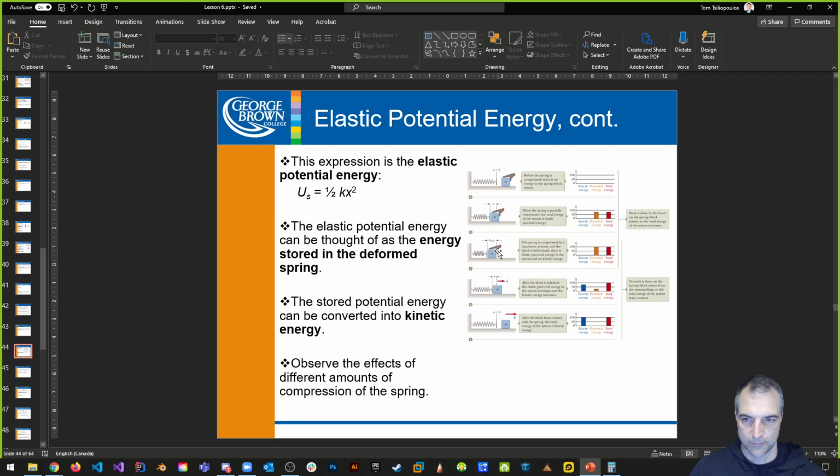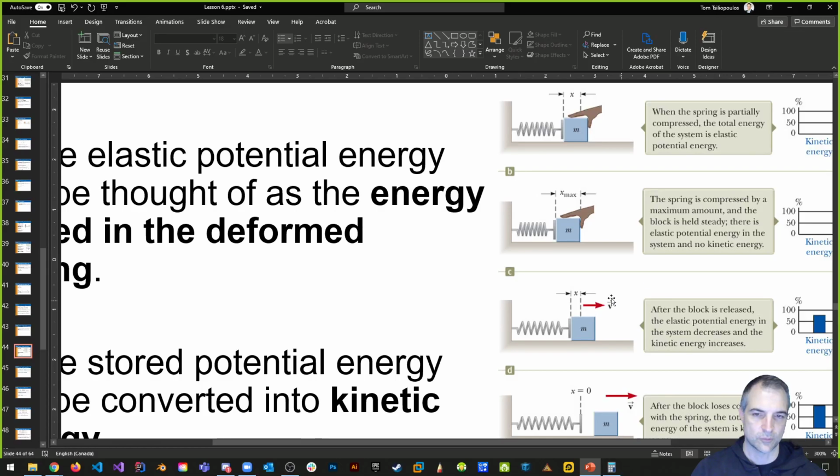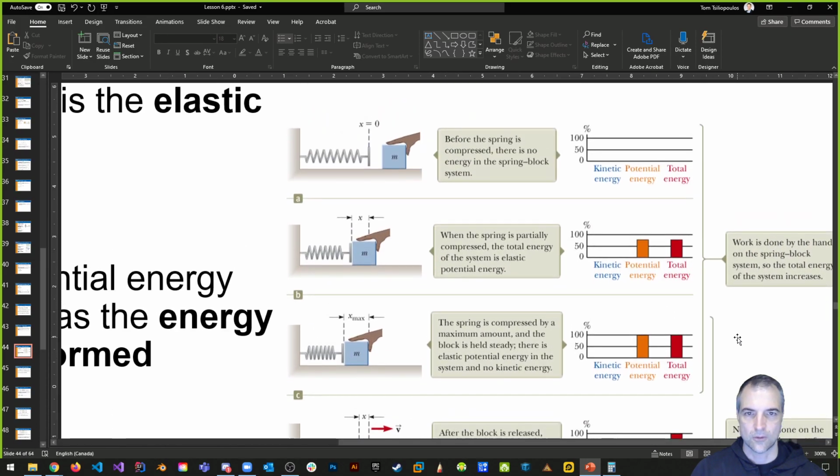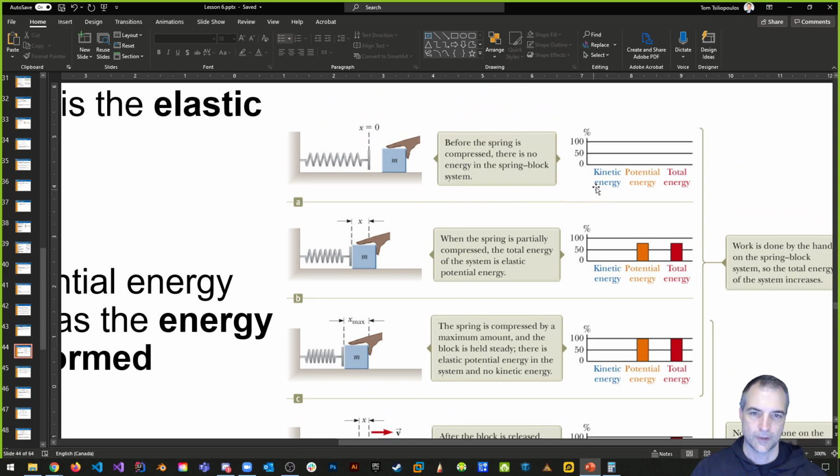So when we think about this, and this is a great picture, I really love this one, it says the potential energy of a spring is equal to simply 1/2 kx squared. That's the elastic potential energy. Let's take a look and see how that looks. If you zoom in here into your presentation, you can see it too. So think about it this way: right now in this initial state, the block is separate from the system.